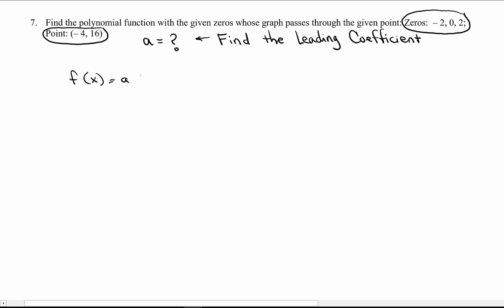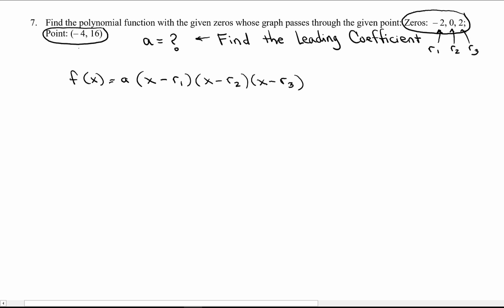f of x is equal to a times the quantity x minus r sub 1, but instead of r sub 1, we're going to write -2. Actually, let me write the r sub 1 just to take it step by step. I'll take it real slow here, and then x minus r sub 2, and then x minus r sub 3. There. Now we're going to substitute everything that we basically know.